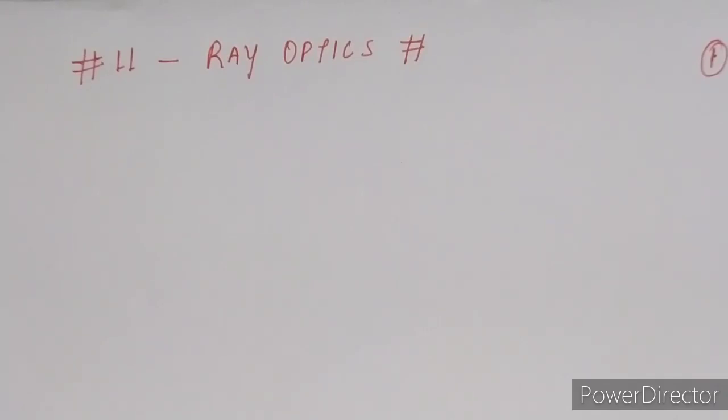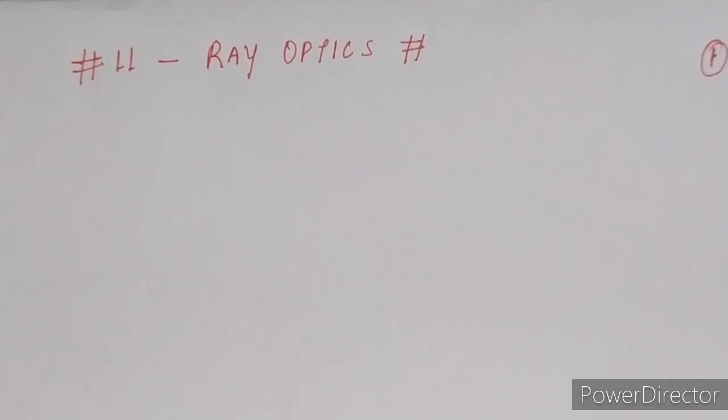These 7 chapters remain. First we are going to start with chapter number 11. It's a very lengthy chapter, but an easy one because you know the basic concepts well. If you don't, I will explain everything.